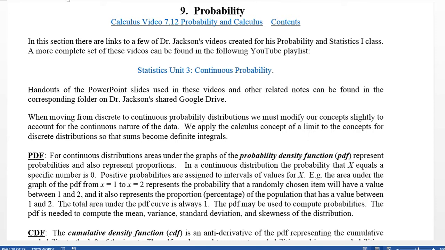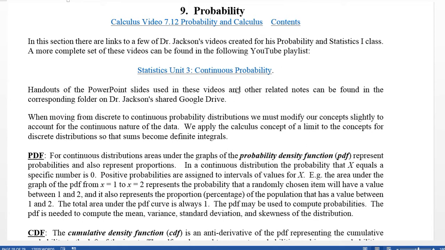In fact, I have links to some of these and have some of these videos included in this playlist from my statistics class, but there are a lot more of those in the statistics class, and if you have access to my Google Drive, then you can find the PowerPoints there as well that correspond to those videos if you look under my statistics course.